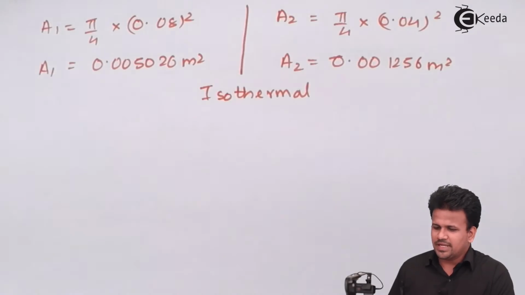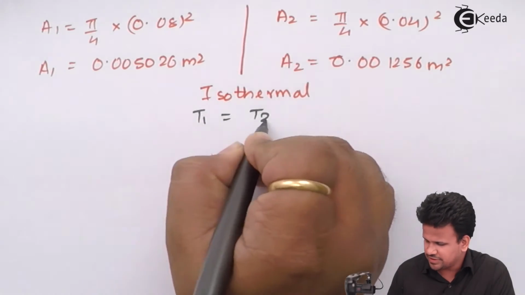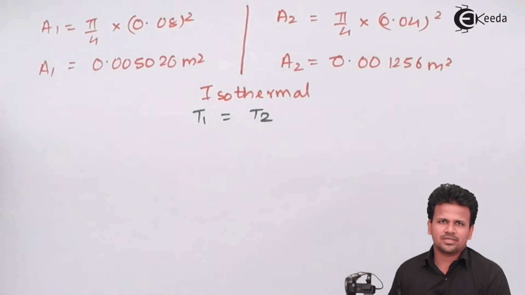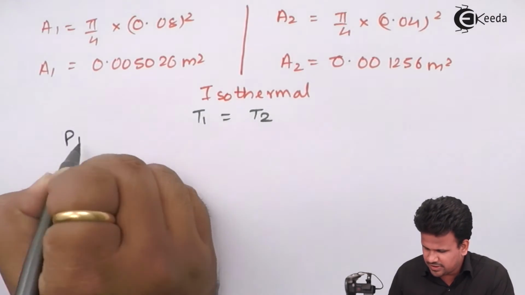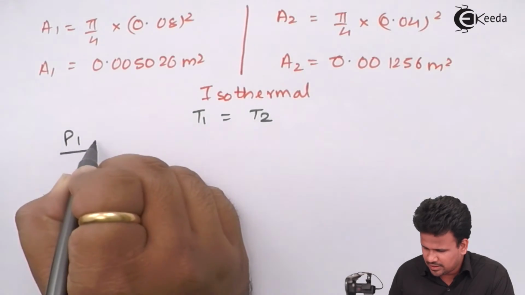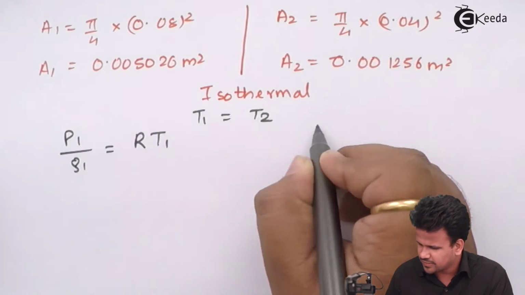We know that the entire process is an isothermal process, that means T1 is equal to T2. Now let us calculate the densities ρ1 and ρ2. So we know that P1 upon ρ1 is equal to R into T1.